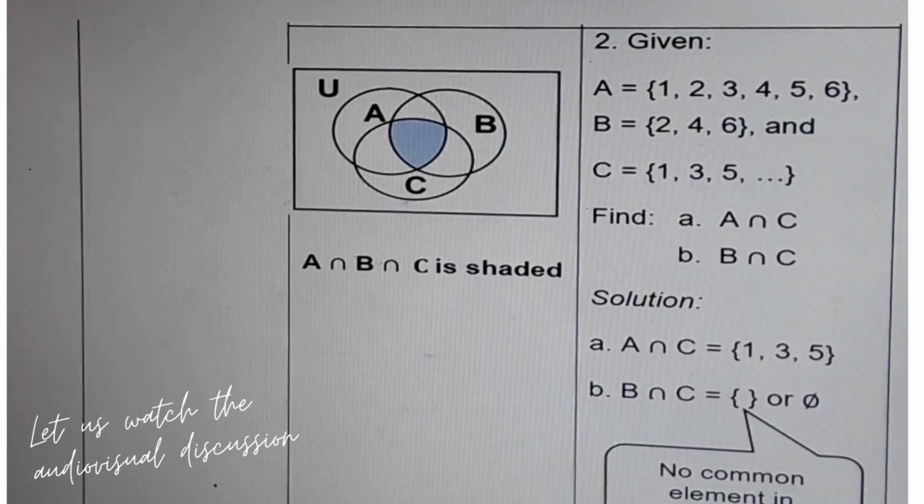If you are required to find the intersection between A and C, what are the common numbers in A and C? We have only 1, 3, and 5.